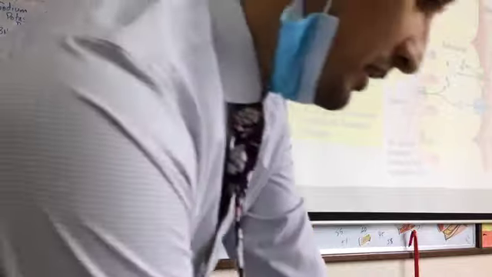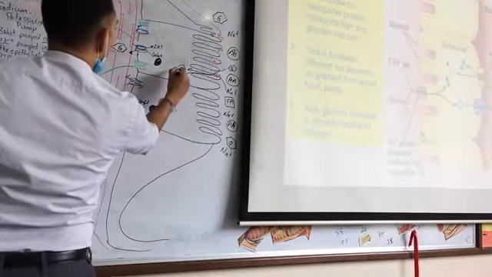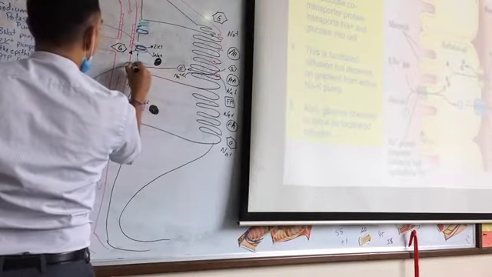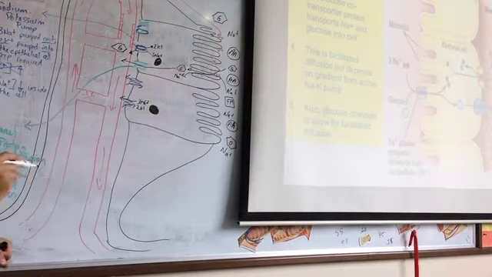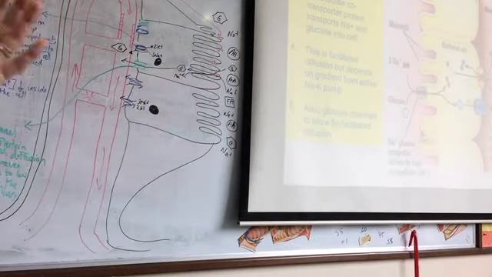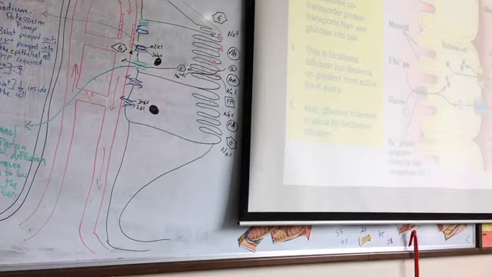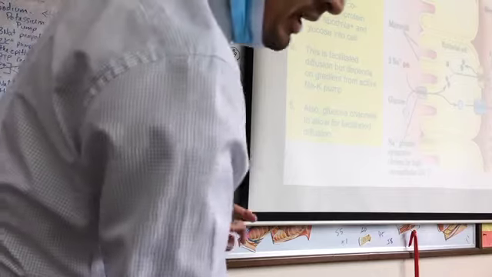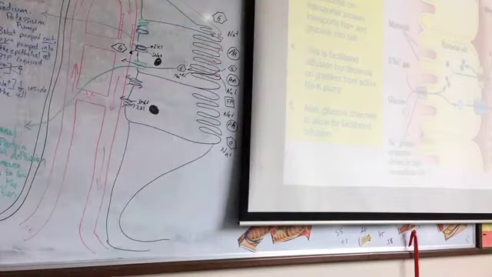So we can show that here through the channel. No energy required. That channel doesn't even open and close really, but it only allows glucose through. Nothing else can go through that channel.